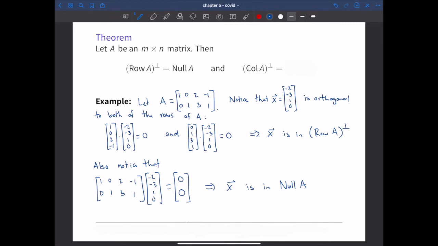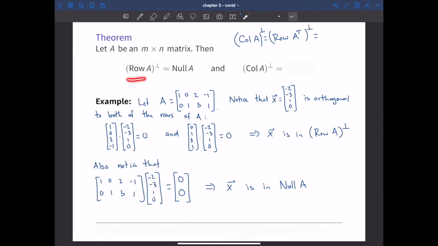Well, we can actually just use this fact here to tell us what this has to be. Remember, the column space of A is just equal to the row space of A transpose. So if we take the transpose, we turn all our columns into rows and rows into columns, and therefore the space that's spanned by the rows of A transpose is the same thing as the space spanned by the columns of A. Now, if we want to look at the orthogonal complement of these things, the orthogonal complement of this is equal to the orthogonal complement of this.